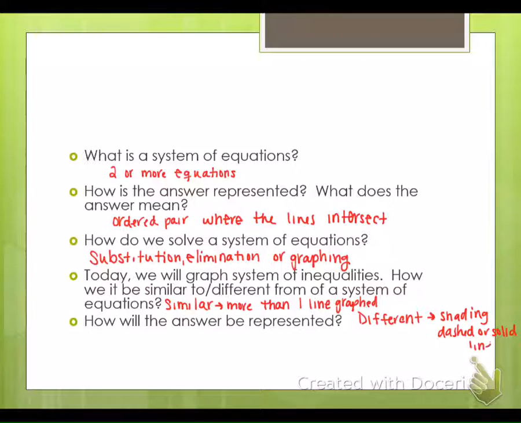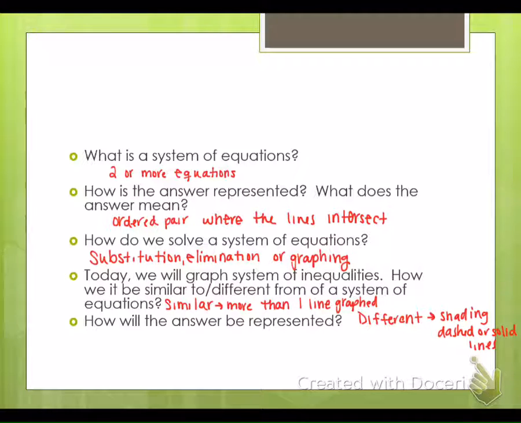So that's how it's a little different, is we have to actually shade and do dashed or solid lines. That's a little different from equations because in equations you never shade. It's just the line is your solution. Whereas in inequality, the line may not even be your solution. It might just be everything above it or below it.